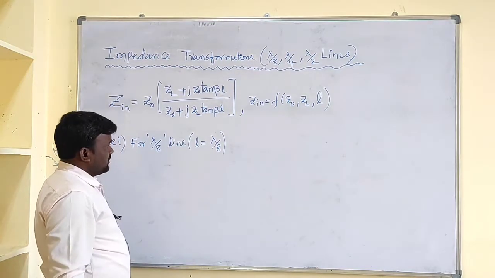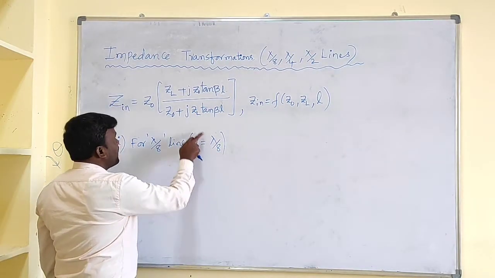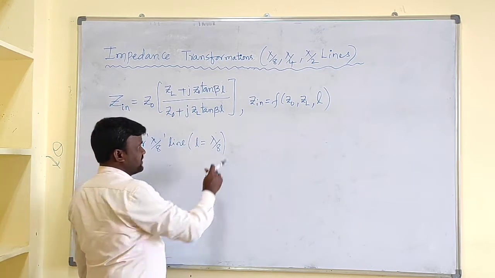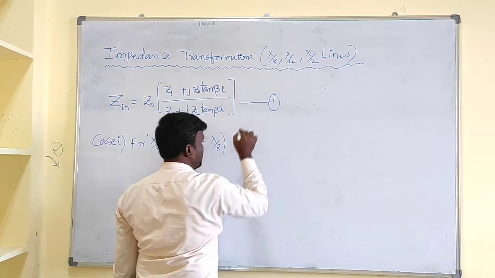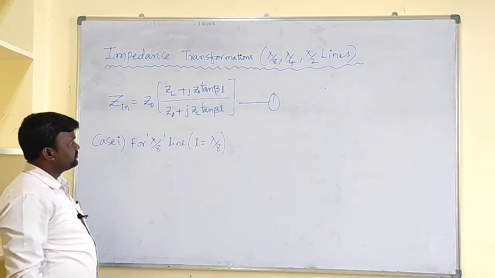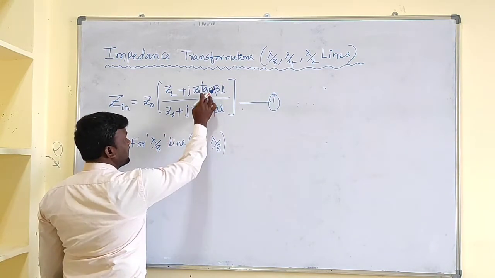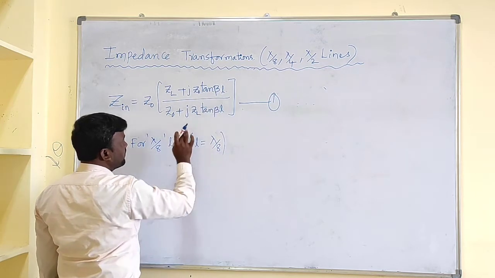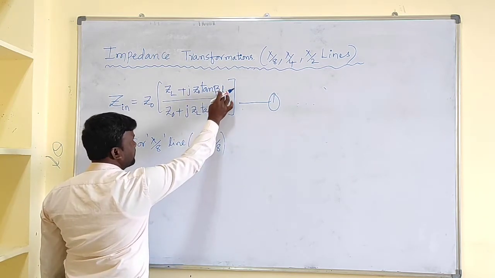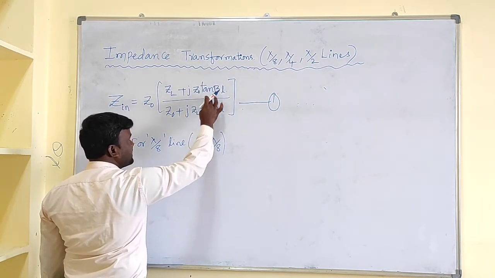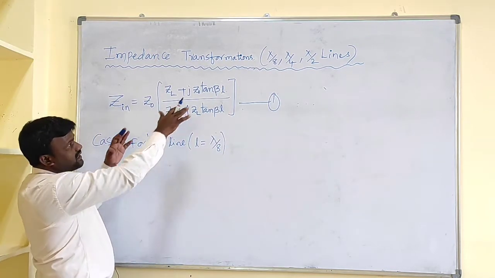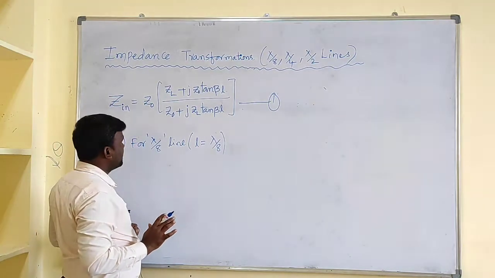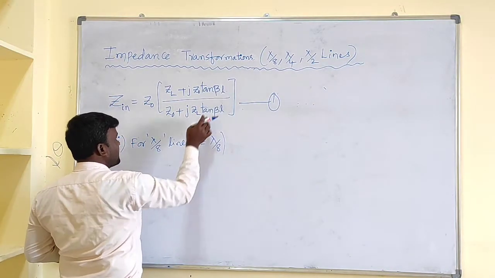Now, substitute L equal to lambda by 8 in this equation, and let us take this equation as equation number 1. Here we have L in the numerator and denominator, in the form tan beta L. In order to find the input impedance for the lambda by 8 line, we need to substitute L as lambda by 8.